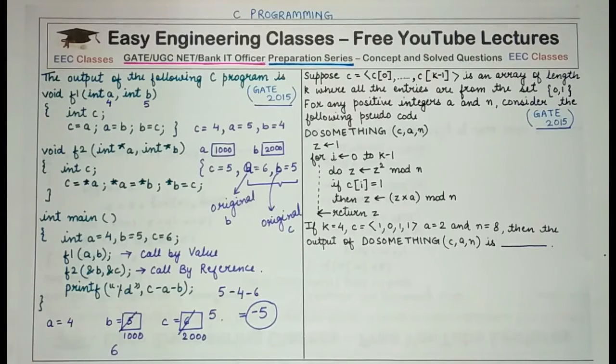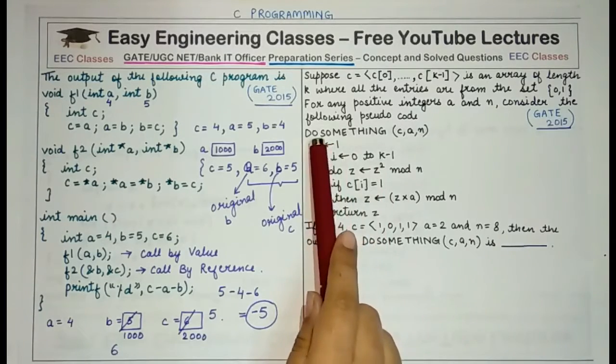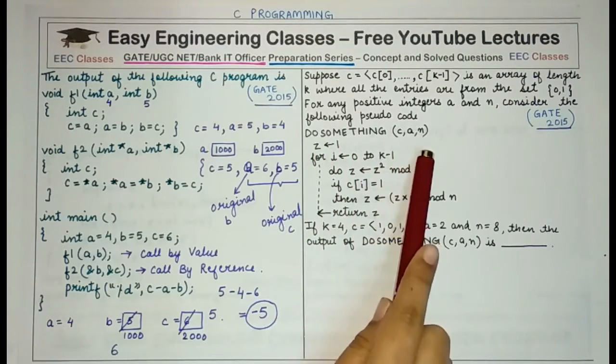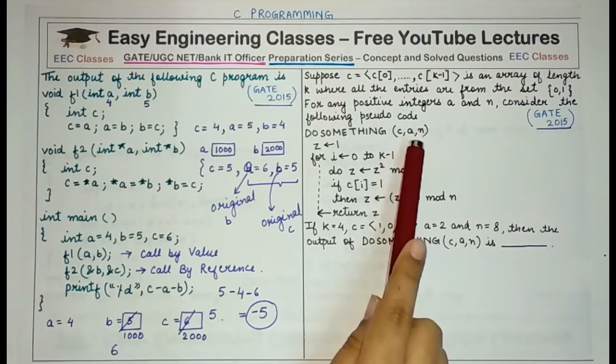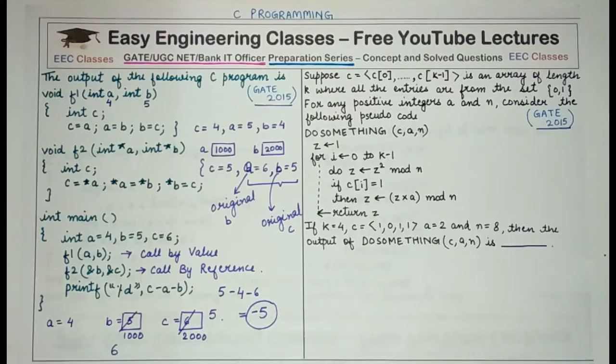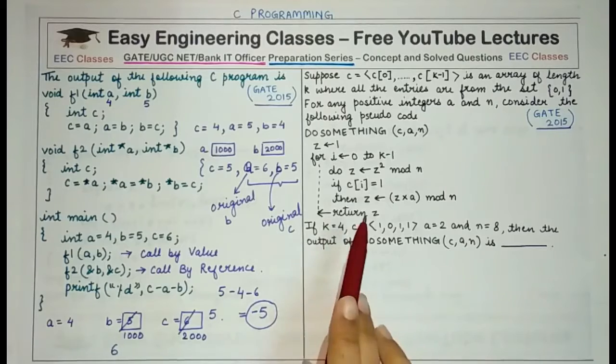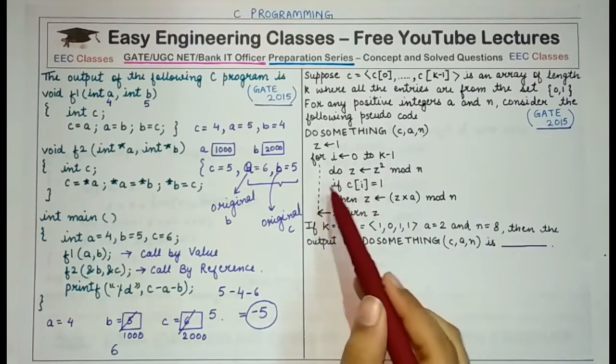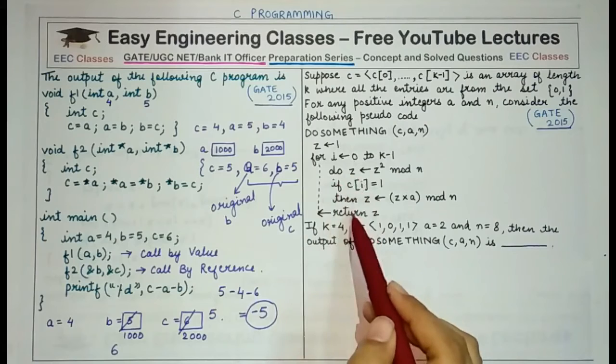For any positive integer a and n, consider the following pseudocode. There is a function named do something which takes 3 parameters, the array C, the integers a and n, and there is a variable z which is initialized to 1. For I equal to 0 to k minus 1, what we have to do?